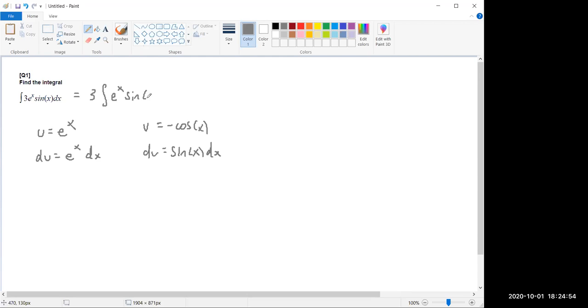Okay, so right now let's try to do this part right here. The by parts formula says we're going to have u times v, so this is negative e to the x cosine of x, minus the integral of v du, so that's minus e to the x cosine of x dx.